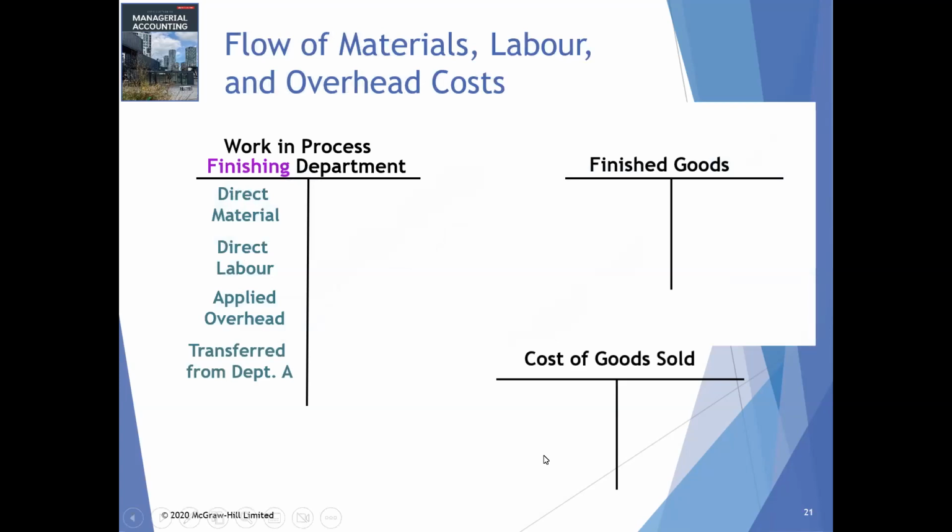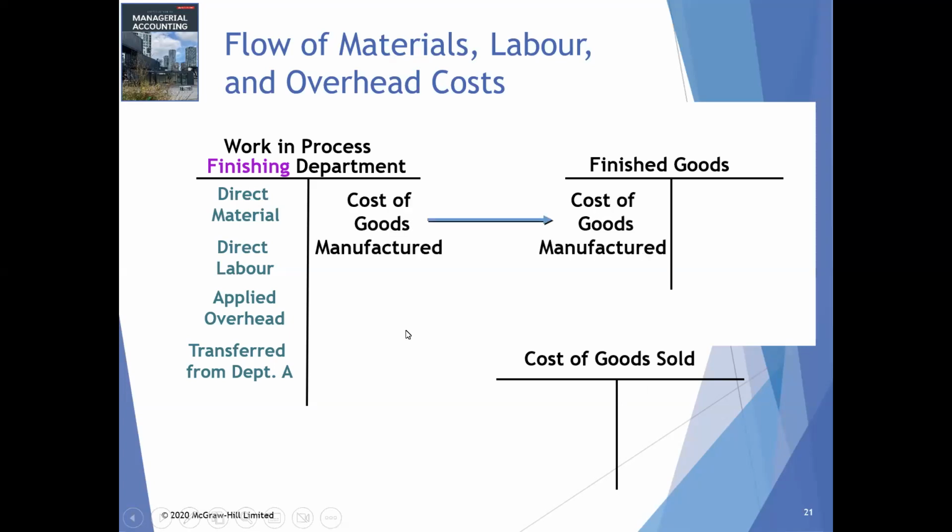Okay, so now work in progress, finishing department. From the mixing to the finishing. Now from the finishing, we are going to transfer to the finished goods, and then to the cost of goods sold, right? So cost of goods manufactured will be calculated here, and after that the finished goods will be transferred, right? Finished goods will be transferred. So cost of goods manufactured in the finished goods, right?